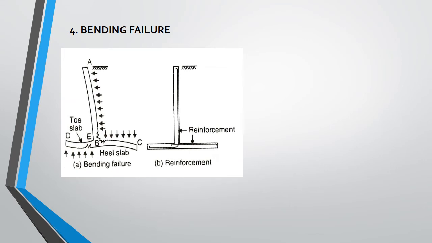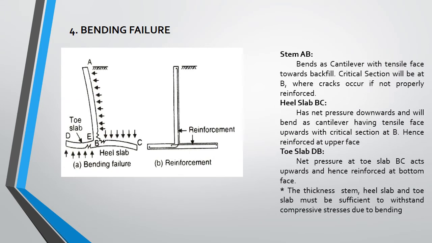Now the bending failure can be of three types, in which the stem AB, heel slab BC and toe slab DB are considered. The first, stem AB, bends as a cantilever with tensile face towards the backfill. The critical section will be at B, where a crack occurs if not properly reinforced. Coming to the heel slab BC, it has a net pressure downwards and will bend as a cantilever having tensile face upwards with critical section at B. Hence, reinforcement is provided at the upper surface.